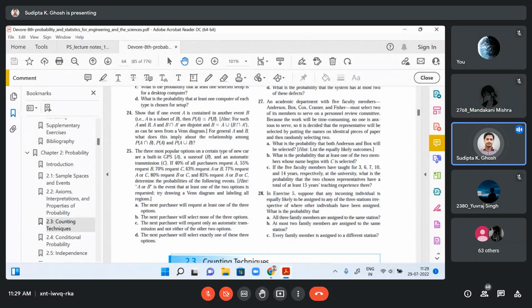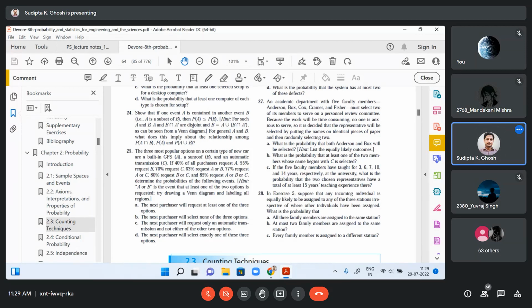If 40% of all purchasers request A, that means 40% of customers are claiming for cars with a GPS system inside.